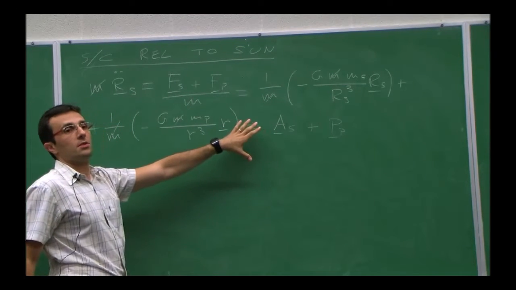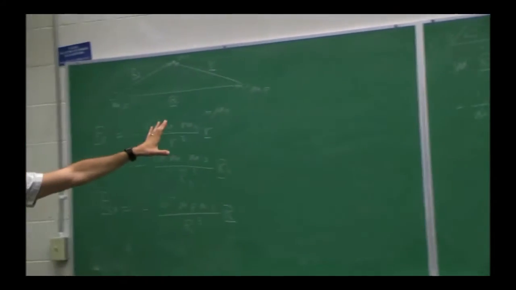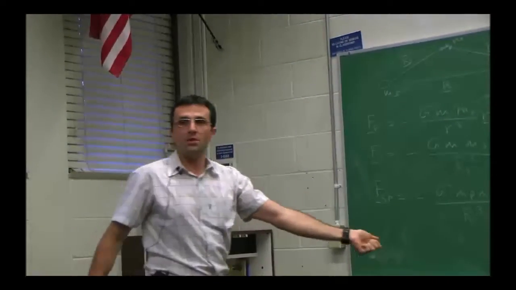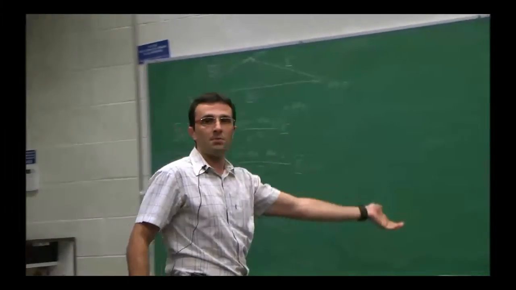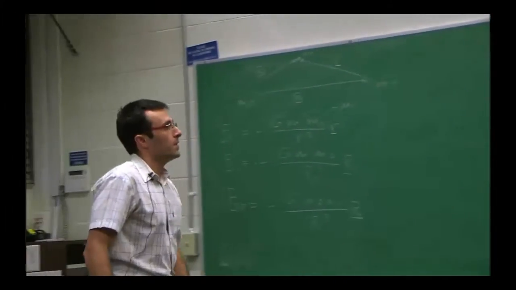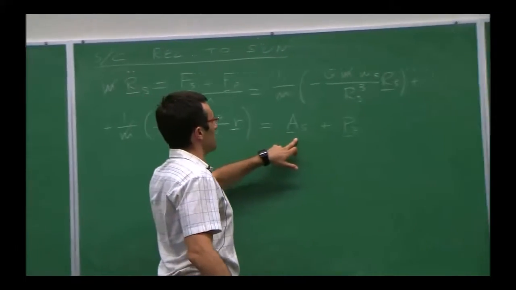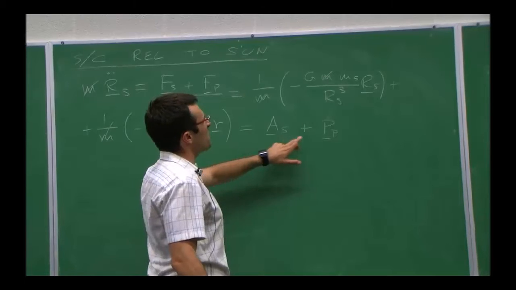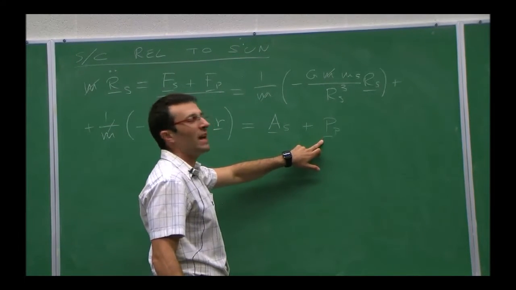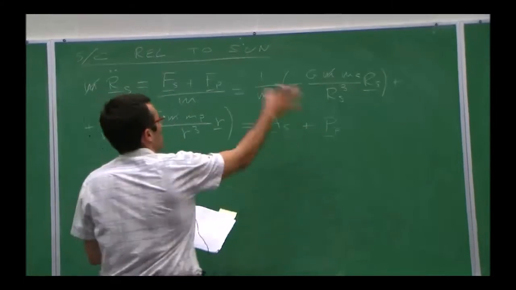S is not spacecraft, I'm sorry, it's sun. Where you see little r without any subscript, and little m without any subscript, that's our spacecraft, okay? P is the planet, S is the sun. So that is what the sun is doing to the spacecraft, and we see the planet as a perturbation. I can do that, right?